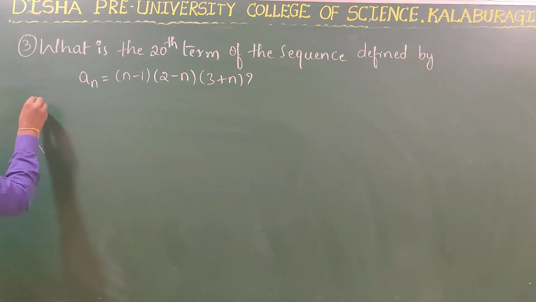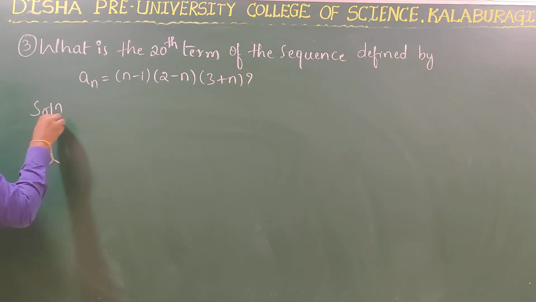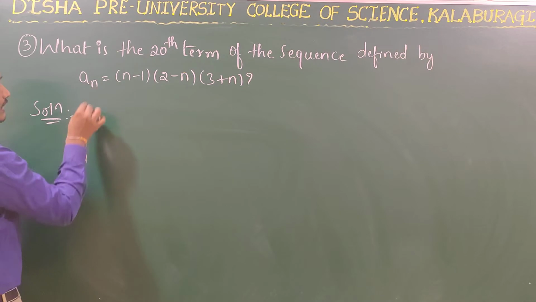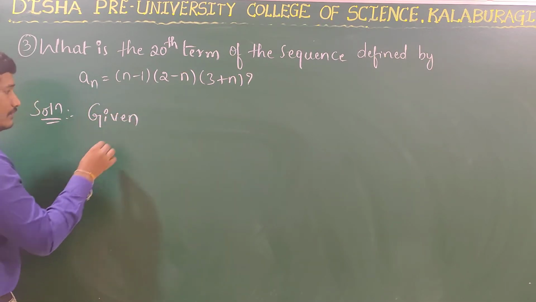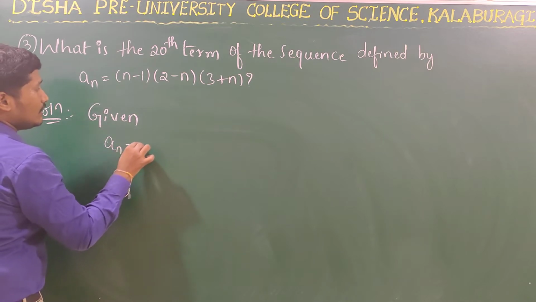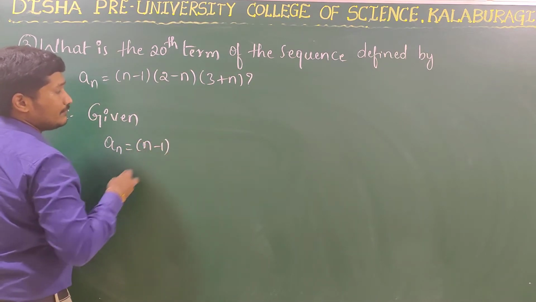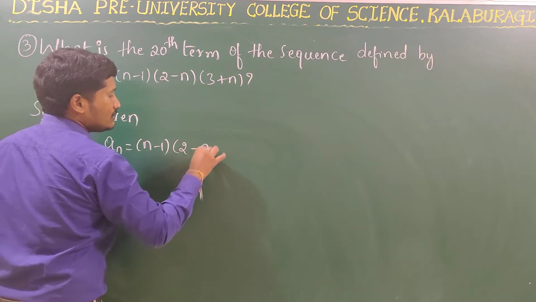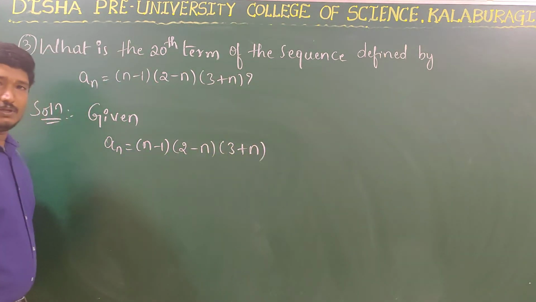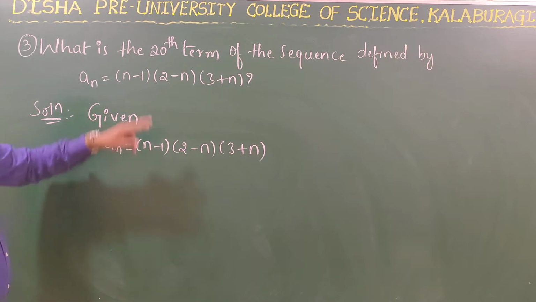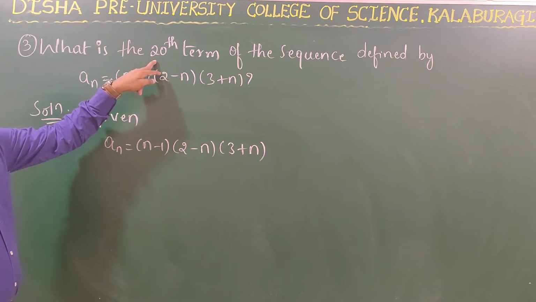Now, solution. First write the given sequence. Given: an is equal to (n minus 1)(2 minus n)(3 plus n). We have to find the 20th term here.